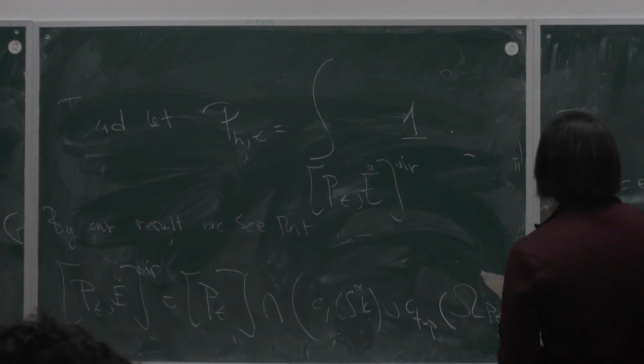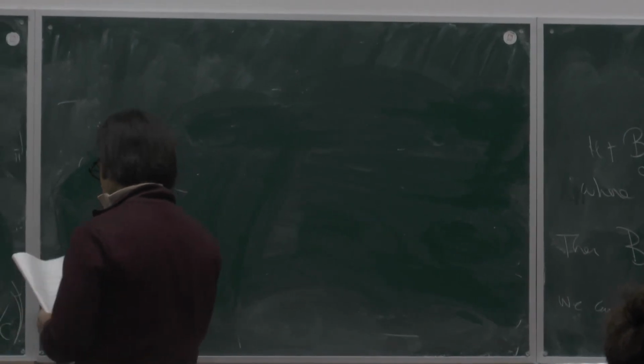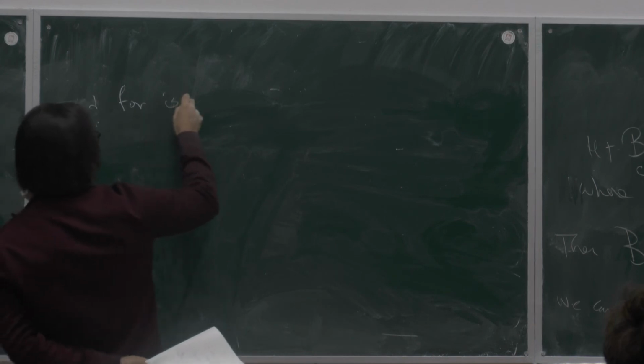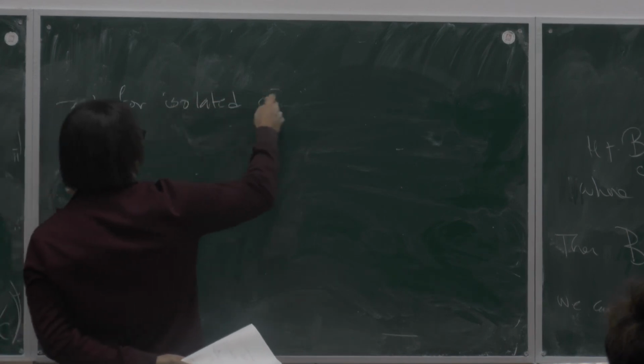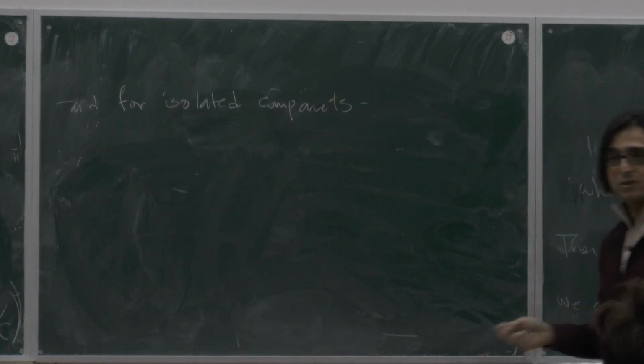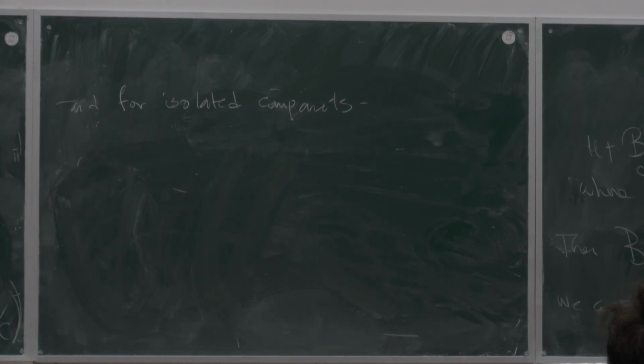So, and I will be done in a few minutes. All you need to do is just integrate against this. And for isolated components, we also have a similar thing. We know exactly what the virtual cycle looks like over any isolated component, in particular this component induced by this.